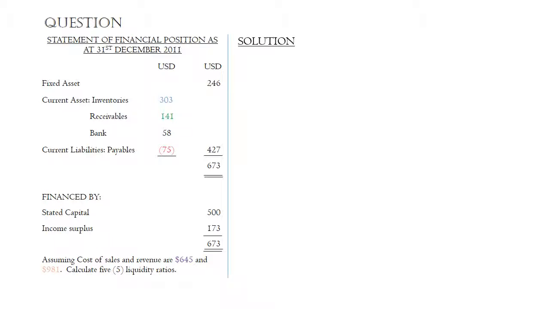Okay, so let's take our first ratio, which is the current ratio. Remember the formula for current ratio? We said it's current assets all over current liabilities. The next thing we do is we know our current asset is what? 502, because it's a summation of inventories of 303, receivables of 141, and a bank of $58.